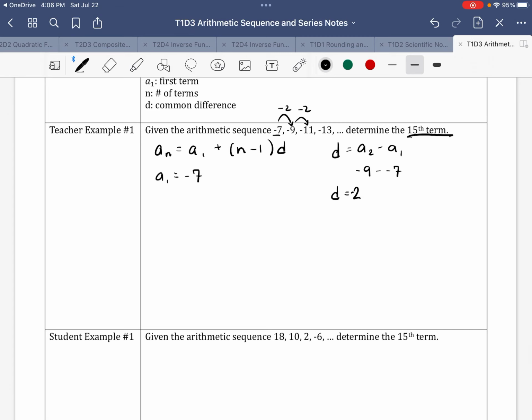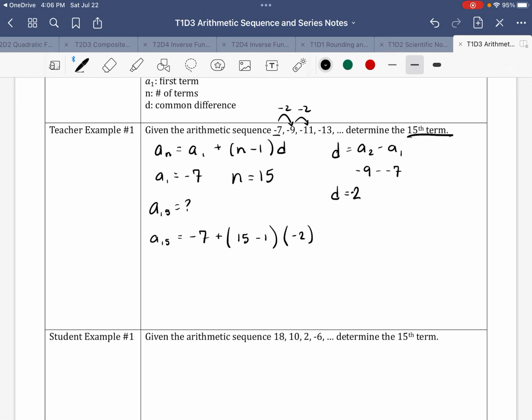And then we know that we're finding the 15th term, so what we're solving for is a sub 15. And because we're looking for the 15th term, n is 15. Now we just plug it into our equation. A sub 15 equals our very first term plus n, 15 minus 1, times our common difference, which is negative 2.